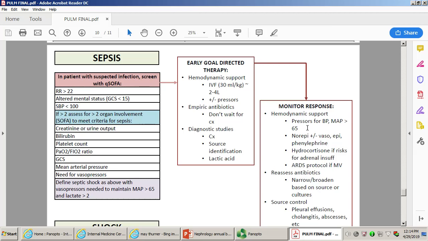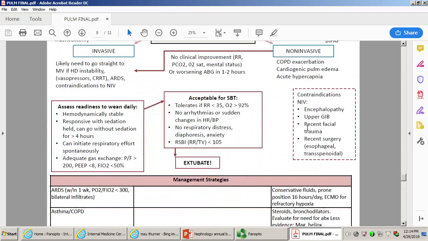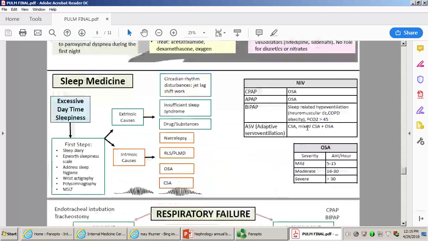If they don't have many risk factors, then you would do it at home. Simple patients can get it at home, right? So anybody who has risk factors for central sleep apnea does not.